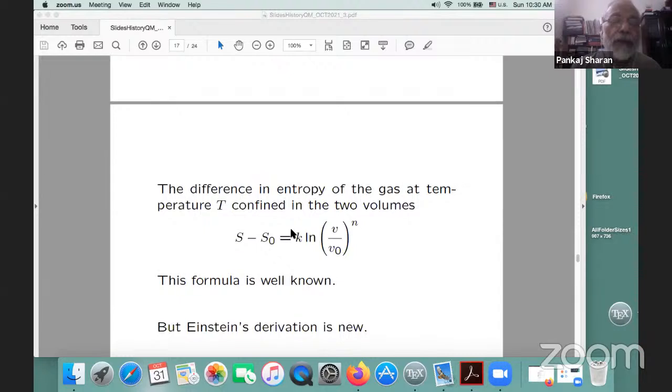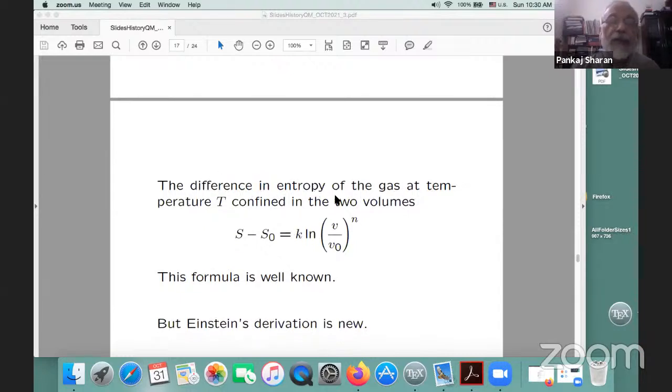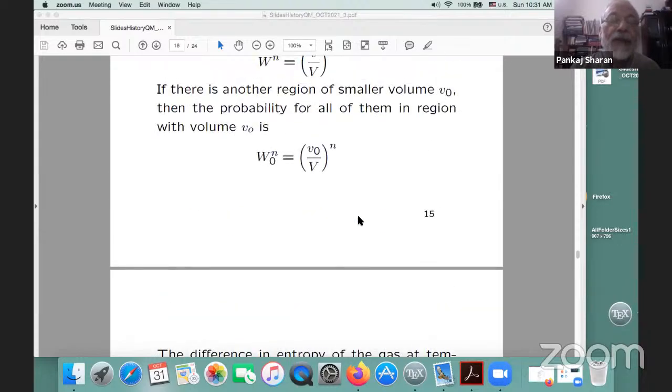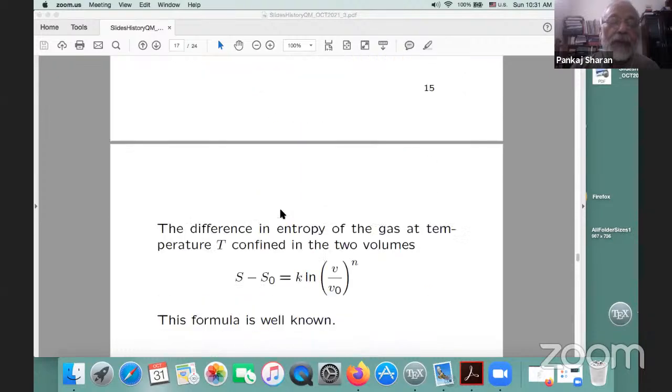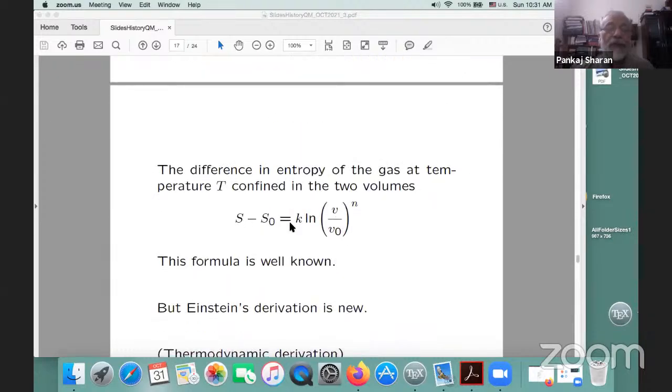So the difference in entropy of the gas at temperature T confined in the two volumes is S minus S0 equals k log of V upon V0 to the power n. The k times log W to the power n minus k times log W0 to the power n will simply give you this.